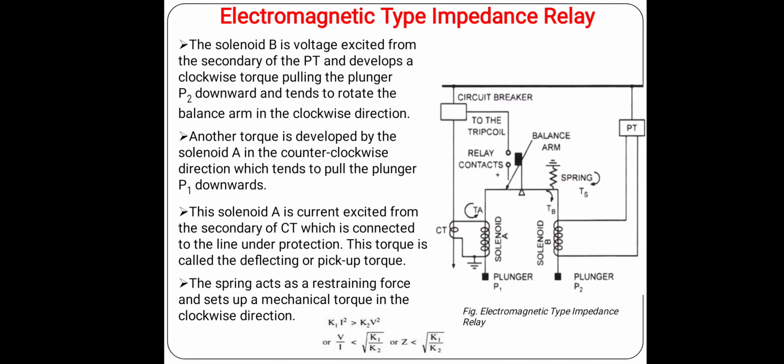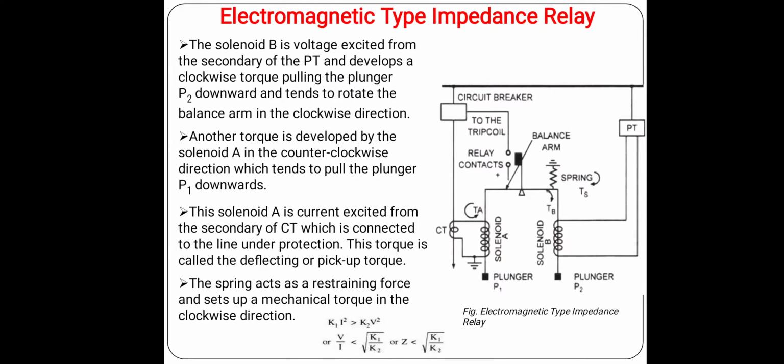One other factor is that this spring acts as a restraining force and sets up a mechanical torque in the clockwise direction, which is represented as TS. This torque is again in the clockwise direction. So the torque developed by solenoid A, which is connected to the current transformer, is known as the deflecting torque or pickup torque.